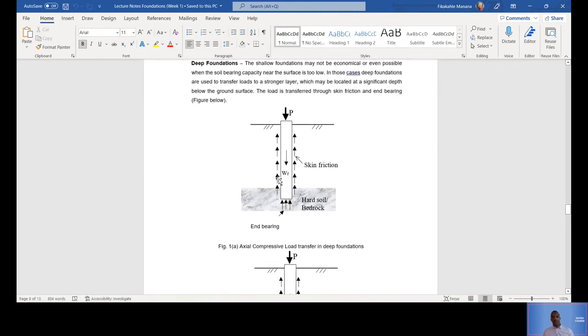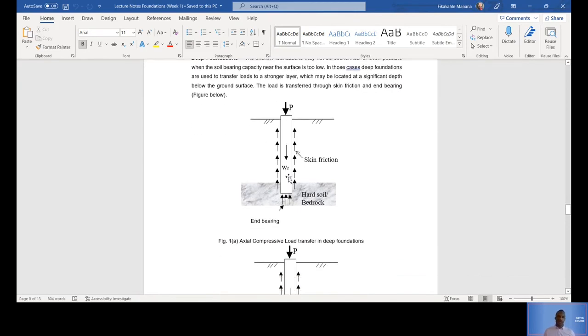So if we look here, this is an example of a pile. As you can see, the pile is actually very long. The idea is, how long should the pile be? It goes through the sandy soil, whether it's sandy soil which is weak, or watery soil, or water.